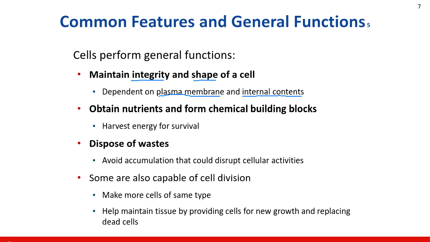And if it's a cell that needs to build a hormone, let's say, for example, insulin, beta cells in the pancreas are going to generate and build insulin. So it'll need some of these components to build that. That needs building blocks, so amino acids to build proteins, and proteins to build insulin.